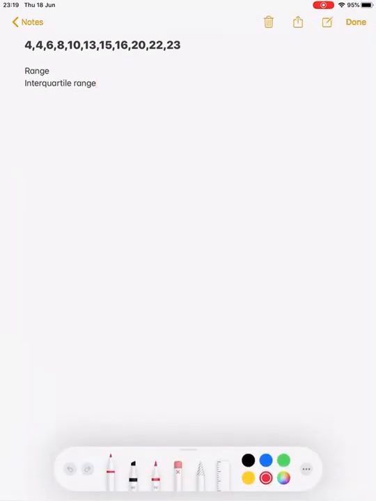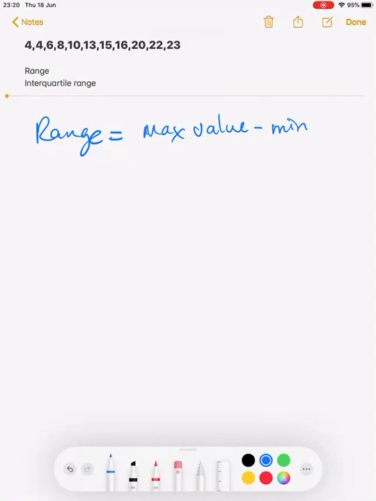Okay, range equals to maximum value minus minimum value.